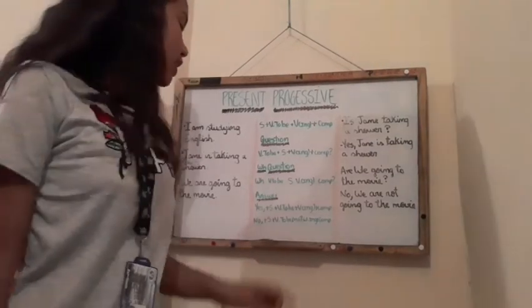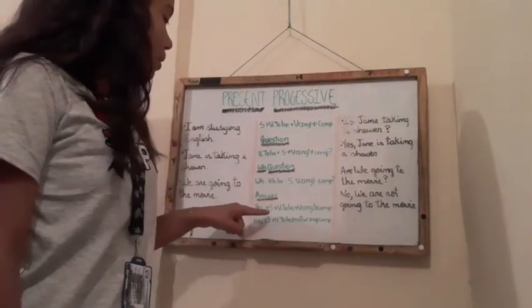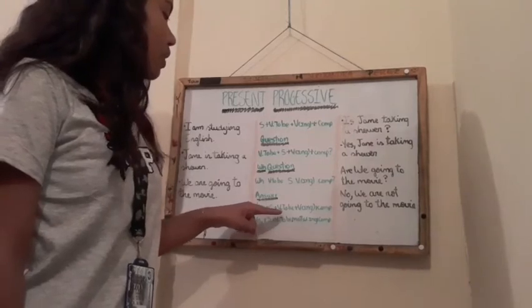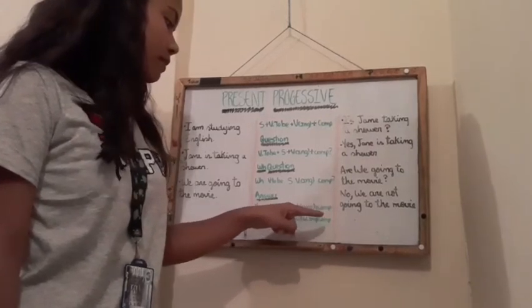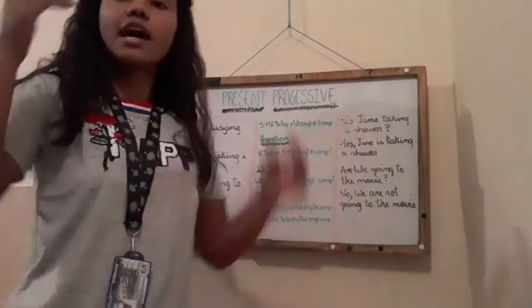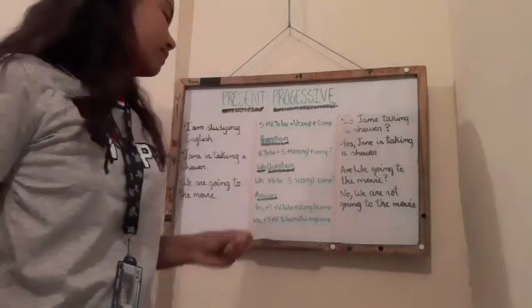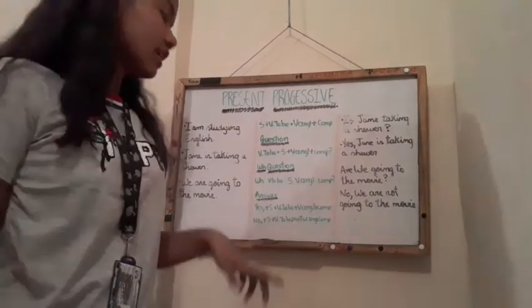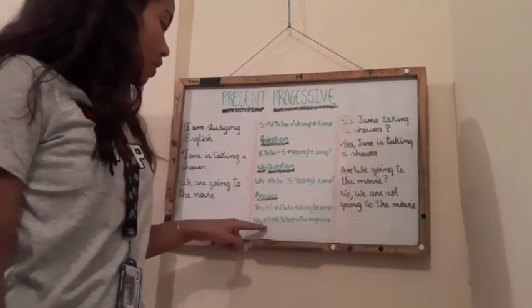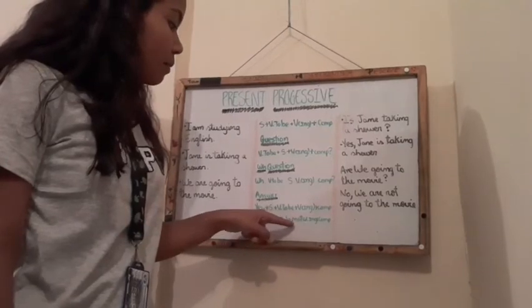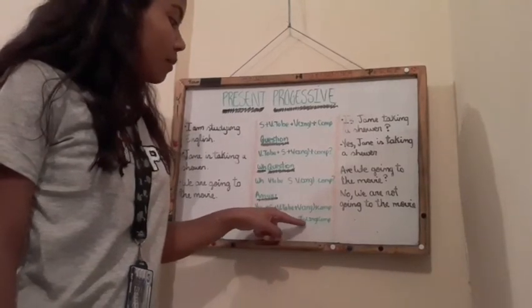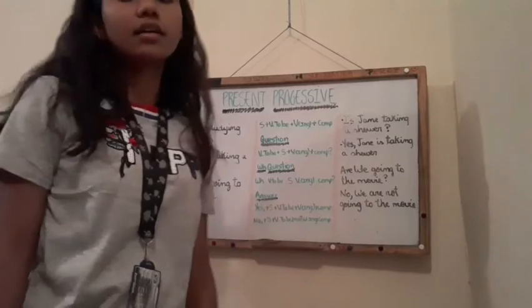In answers, affirmative sentences are yes, plus subject, plus verb to be, plus verb with -ing, plus complement. In negative sentences it is no, plus subject, plus verb to be, plus not, plus verb with -ing, plus complement.